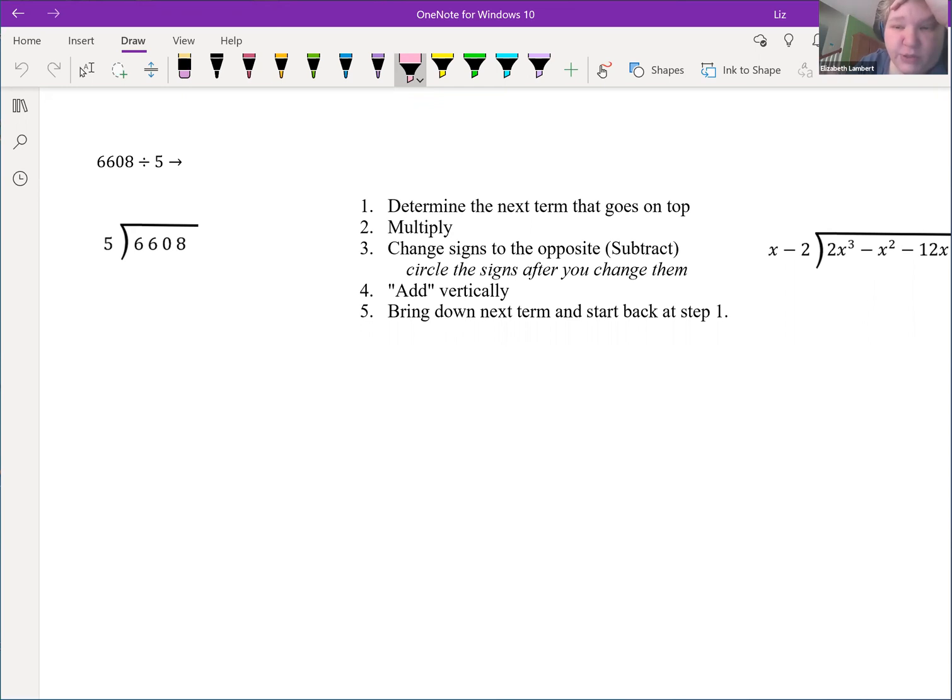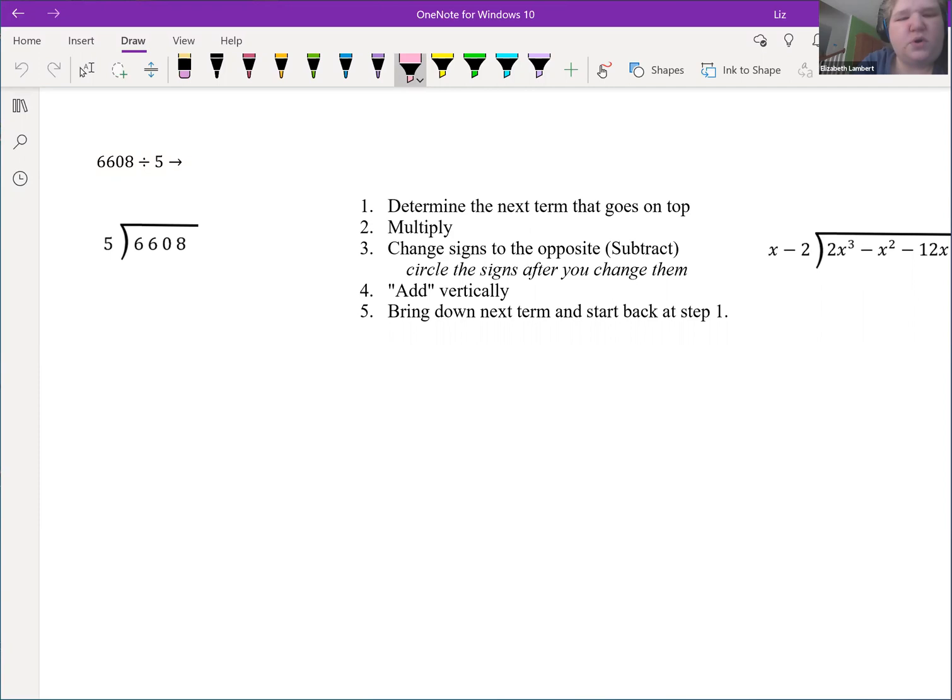In our polynomials, we're not going to see the zeros, but sometimes we're going to have to put those in. But it'll just be right at the beginning, and then the process will continue like normal. Numbers just do us the favor of having everything organized in the correct descending order, because this is 6,000s, then 600s, 0 10s, and 8 1s. And we're going to see the same thing in our polynomials.